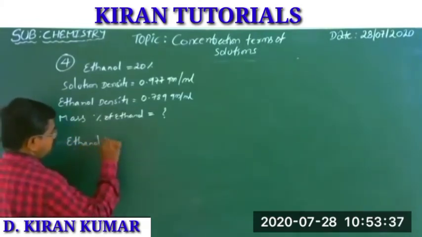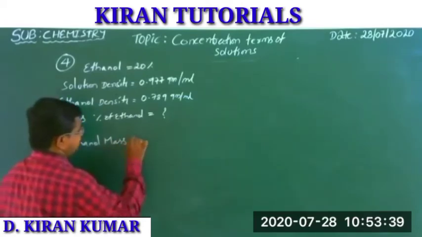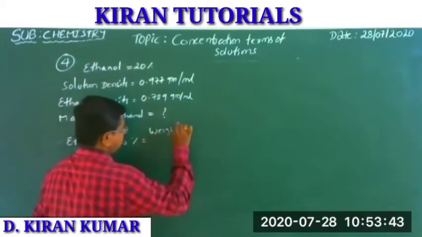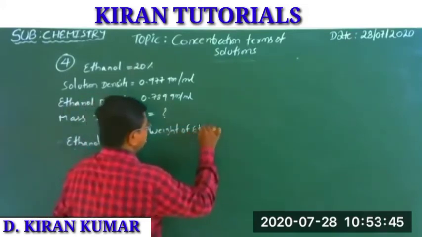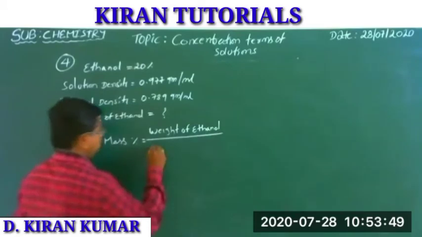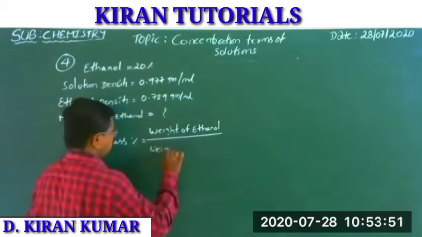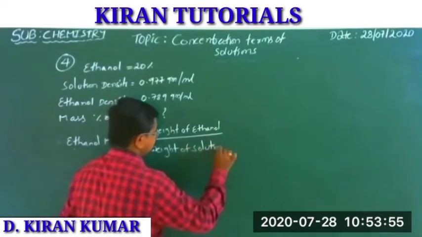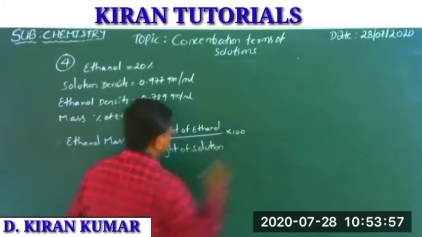Ethanol mass percent is equal to weight of ethanol by weight of solution into 100. It is a formula.